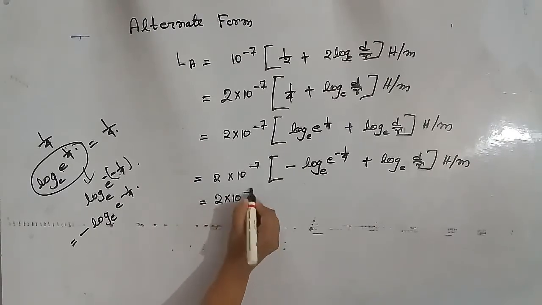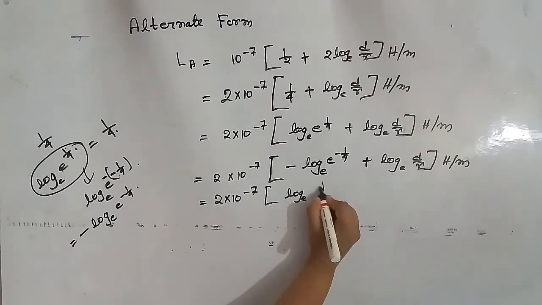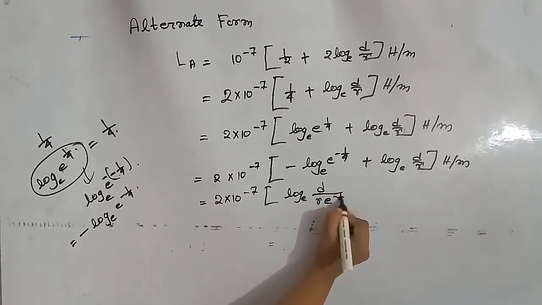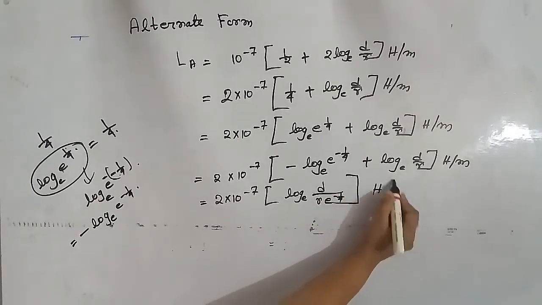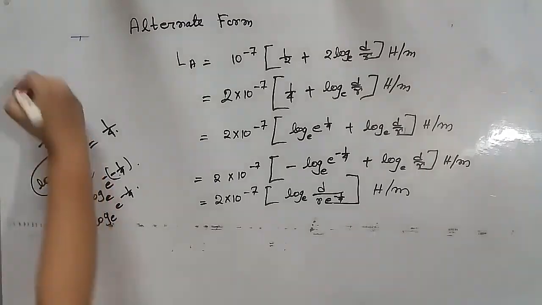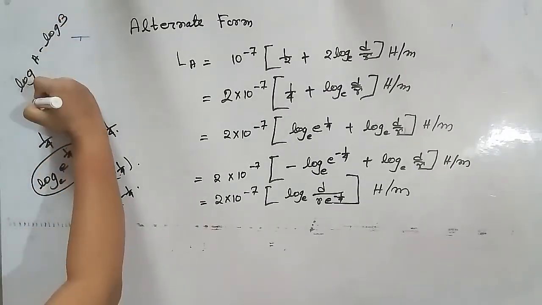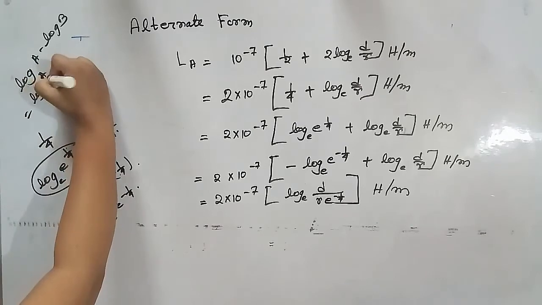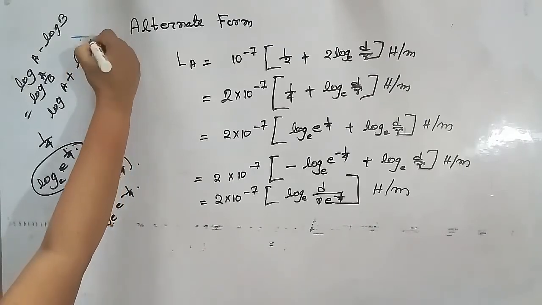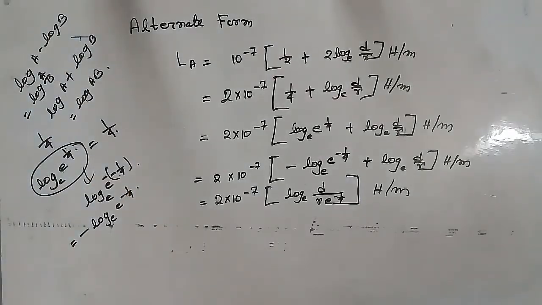Now this is equal to log_e (D / (r e^(-1/4))), because log a minus log b equals log a/b, and log a plus log b equals log a·b.